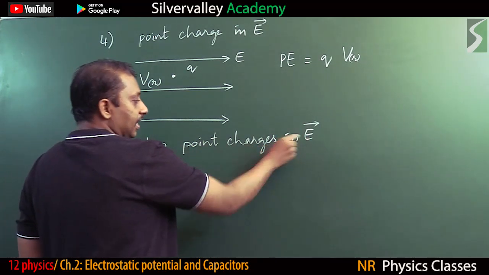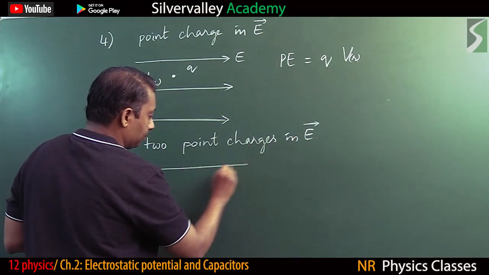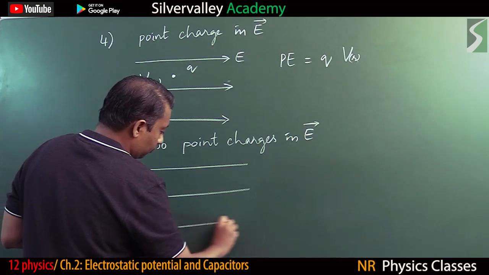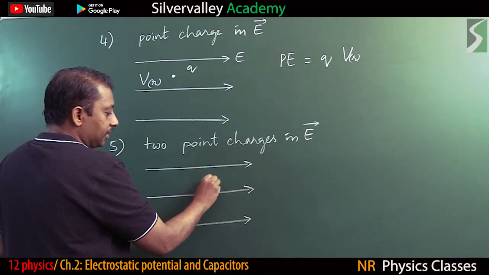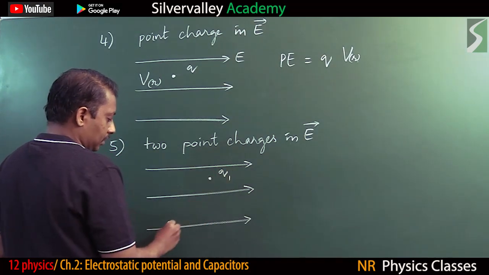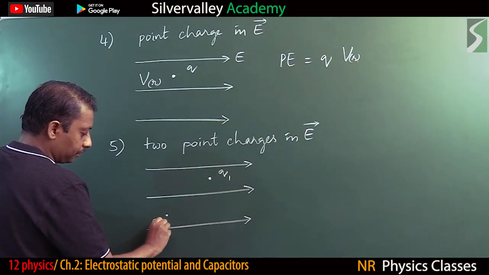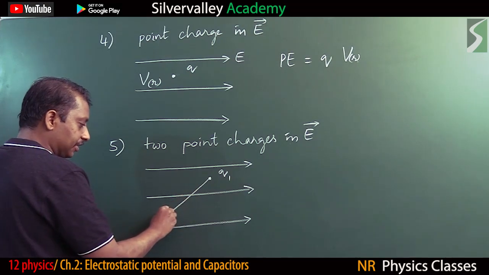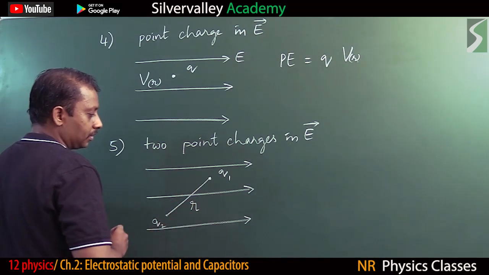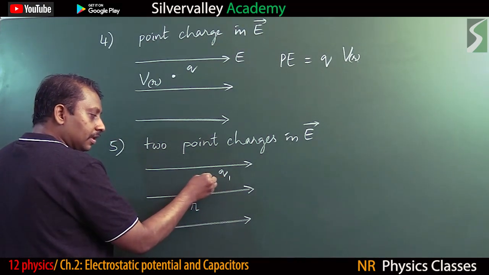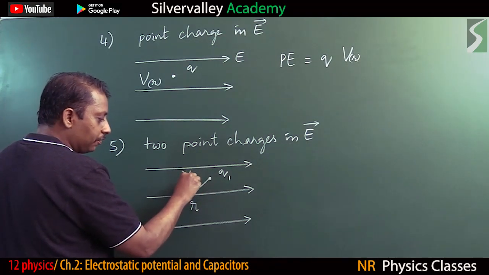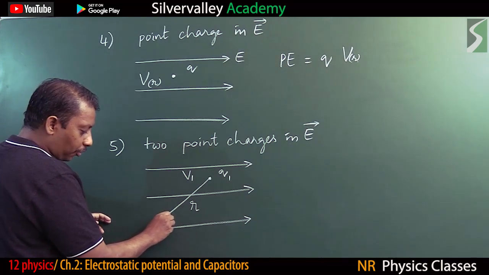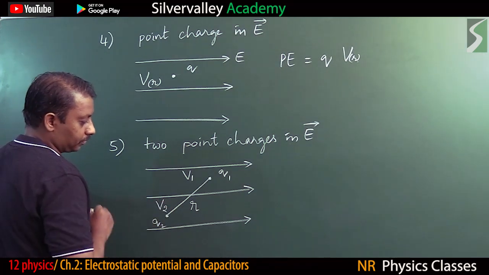Two point charges in an electric field. This is a uniform electric field or some electric field. Here is charge Q1 and charge Q2. The distance between these two is R. Q1 is at the point where the potential is V1, and the potential at this point is V2.